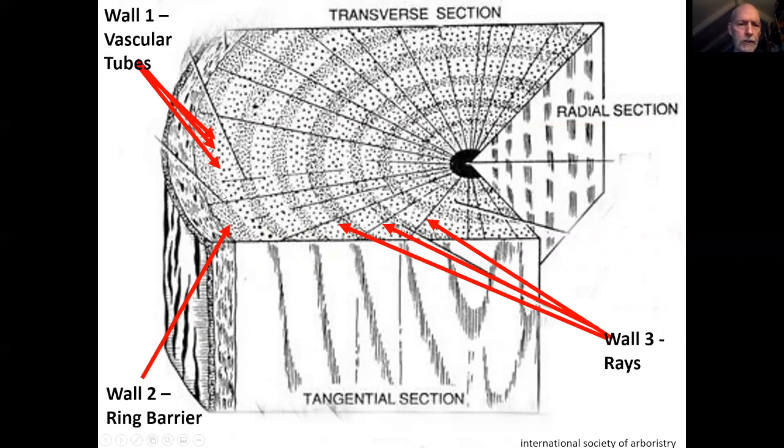So these little dots here are your vascular tissue, your phloem and xylem. And the ones on the inside of the tree are no longer active. That's heartwood, no action there. But the ones just inside the bark are where you're getting your movement up and down. So the tree's going to secrete chemicals into these tubes just above where the damage occurred and just below it, so that you can't have movement up and down that would transfer the decay.